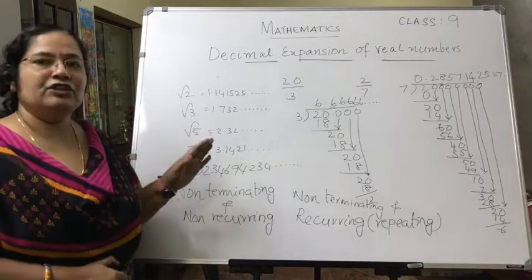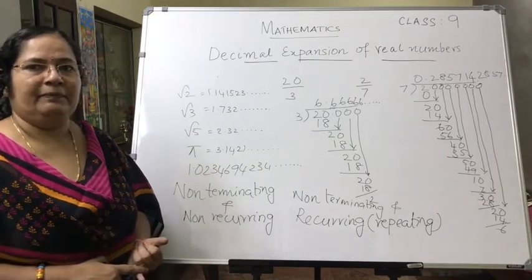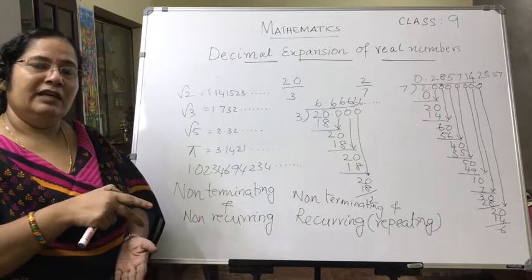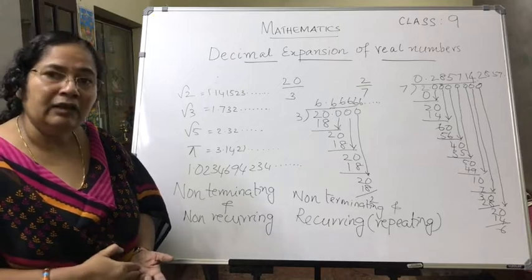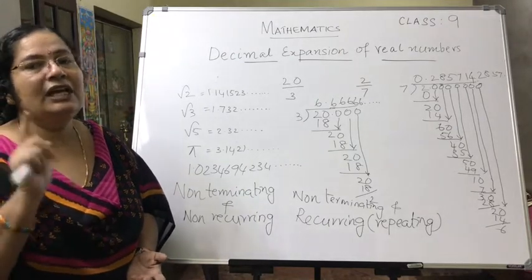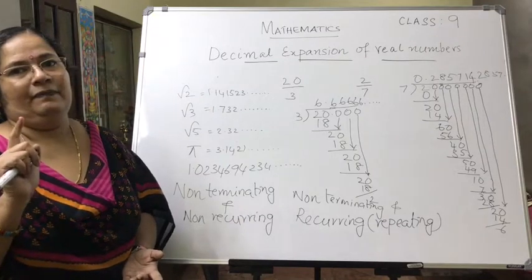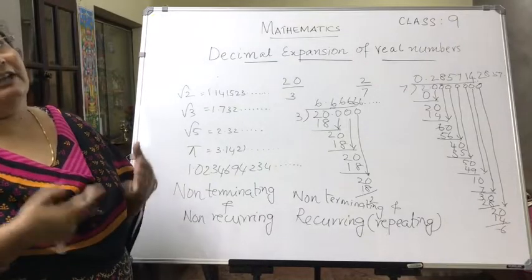It is non-terminating and non-recurring. Or going the other way, if the decimal expansion is non-terminating and non-recurring, then the given number will be an irrational number. Have you understood the difference between the decimal expansion for a rational and irrational numbers?